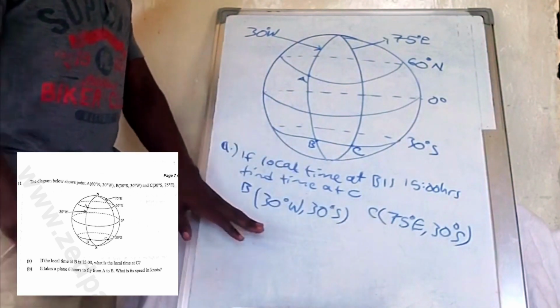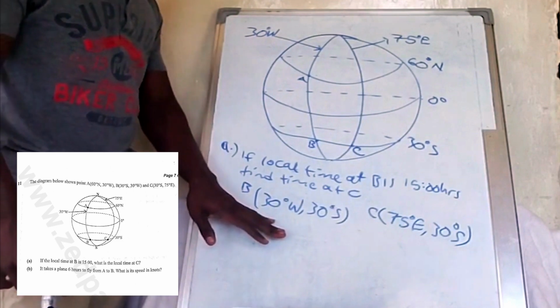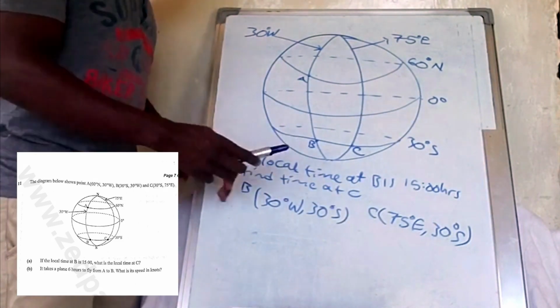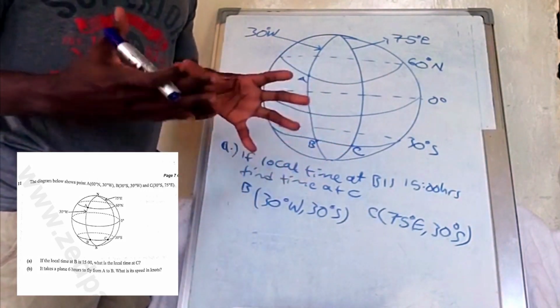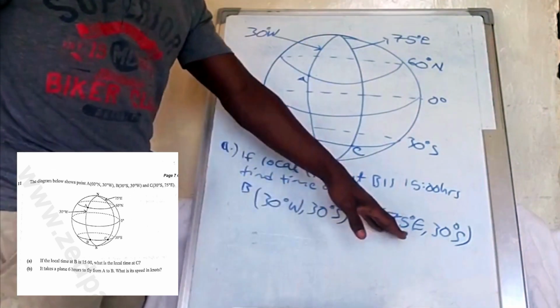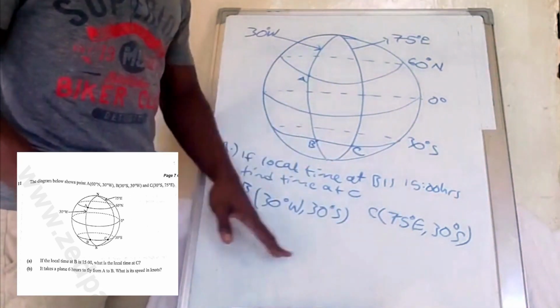Okay, so let's look at point B and point C. Point B is on 30 degrees west, and point C is on 75 degrees east. What really determines the time difference are the longitudes and not the latitudes. The longitudes, which are 30 degrees west and 75 degrees east, are lying in 2 different hemispheres.